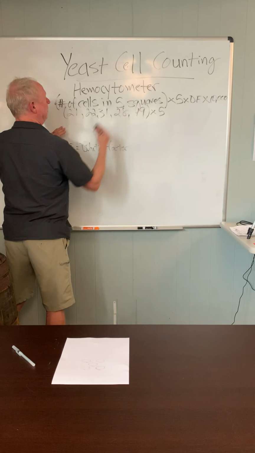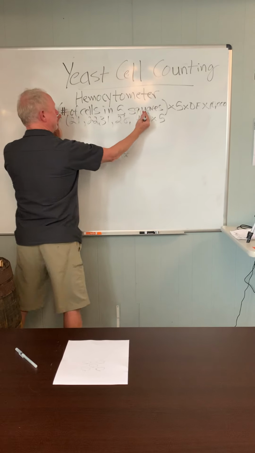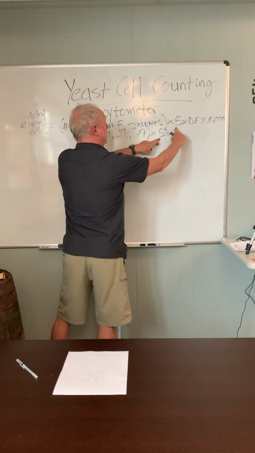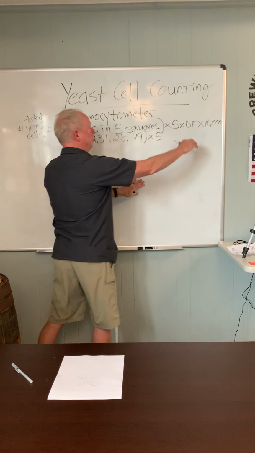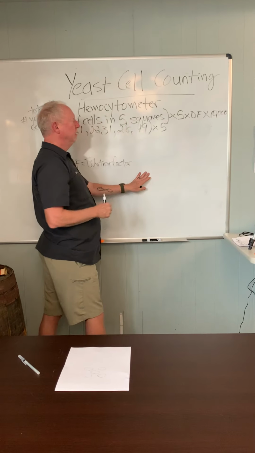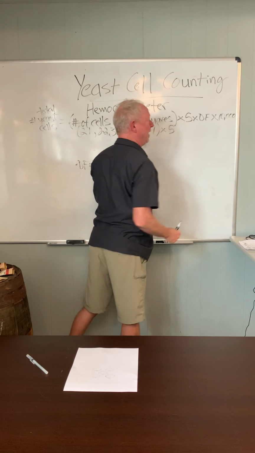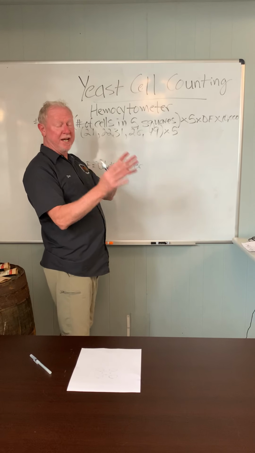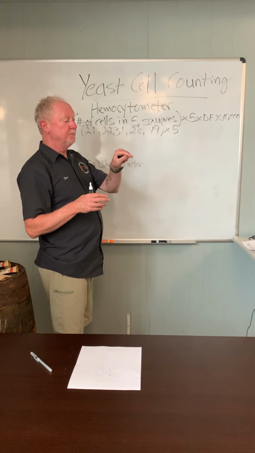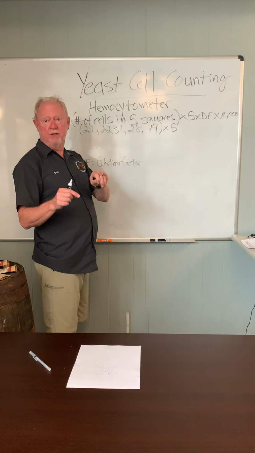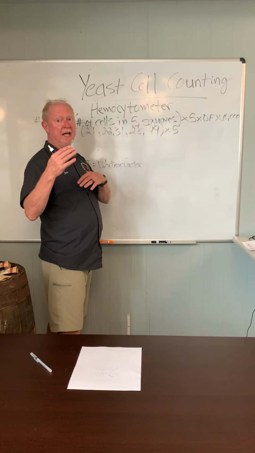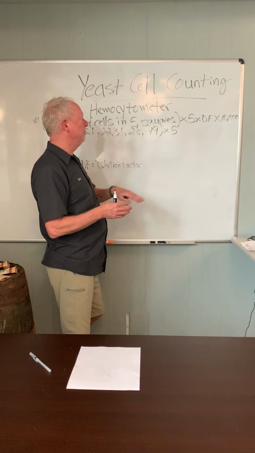Number of cells that we count, add those up, multiply that times 5, multiply that times our dilution factor, multiply this times 10,000. That's the scale of our grid. It's on a hemocytometer. I mean, you can get a handout and see where that 10,000 number comes from.